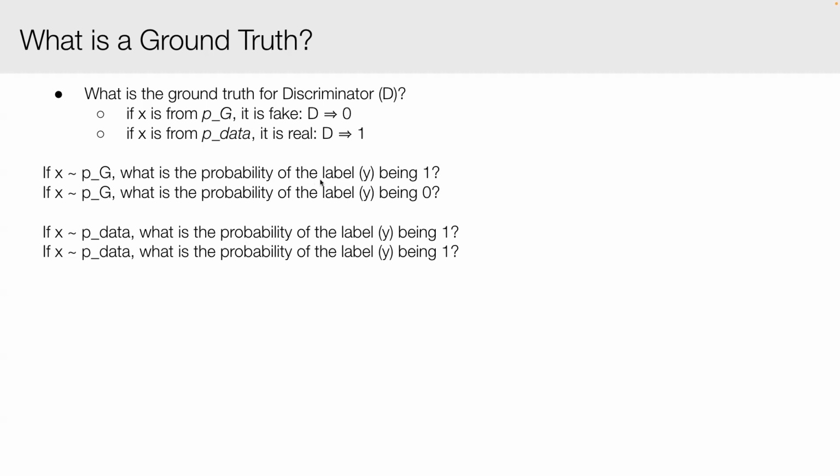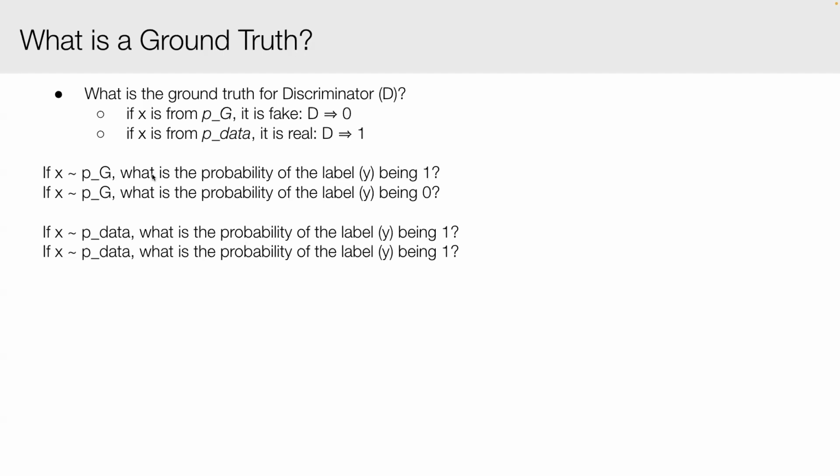So again, we're talking about ground truth here. What's the probability of the ground truth label being 1 if we sample an image from the generated data, P of G? It's not really a probability, it's a yes or no question.